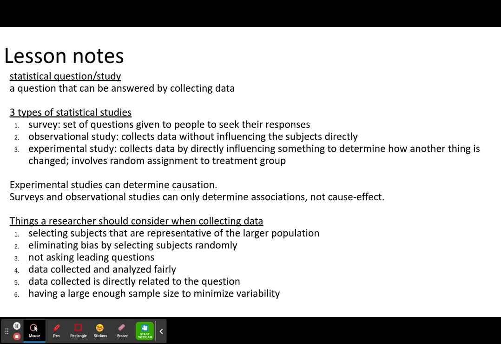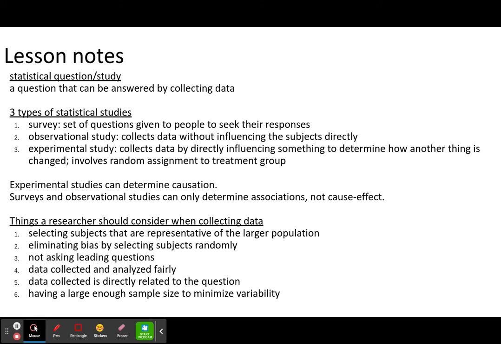You don't want to have just old people. You don't want to have just young people. You don't want to have just boys or just girls. You want to have a diverse set of subjects. Eliminating bias by selecting subjects randomly. Anything that could potentially skew the results could negatively affect the study.